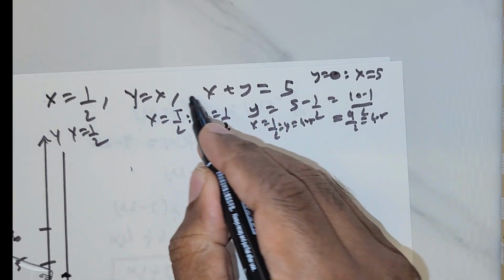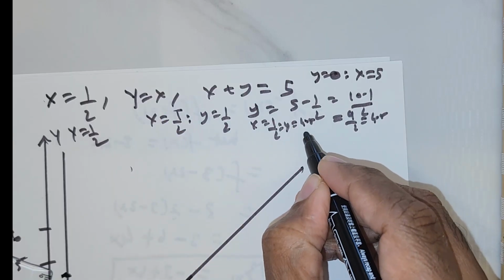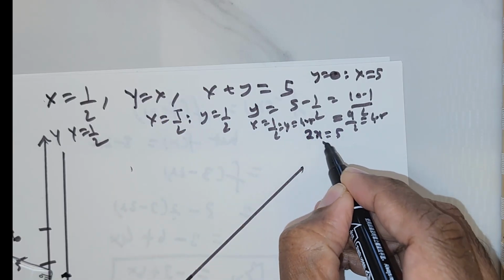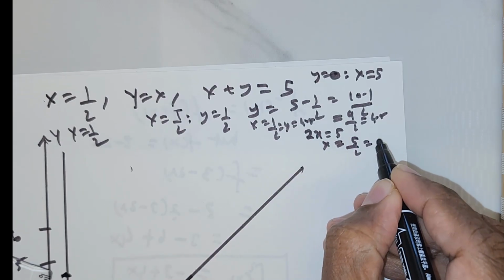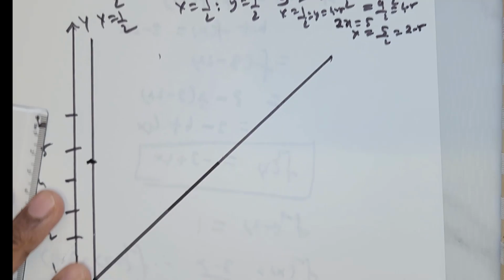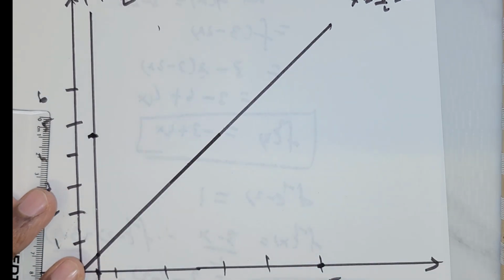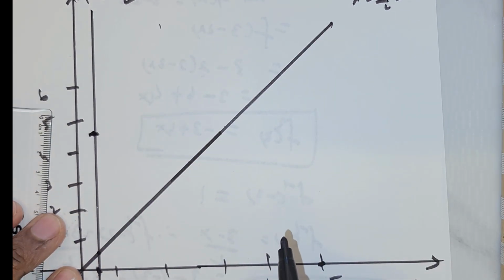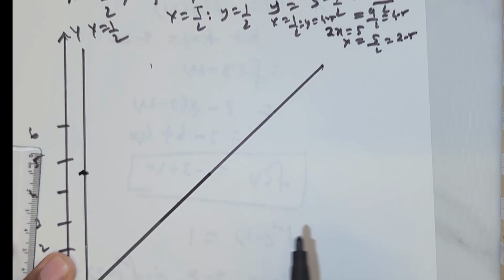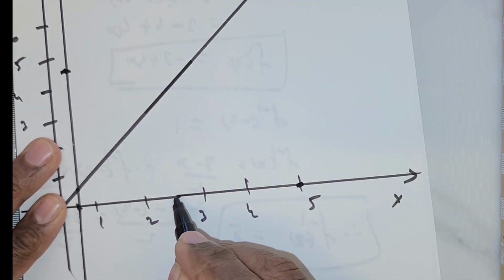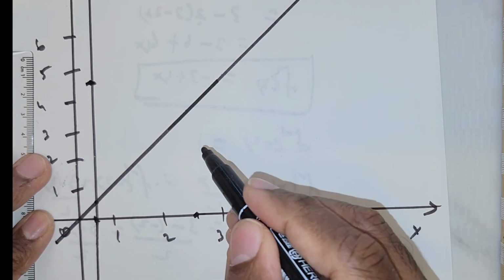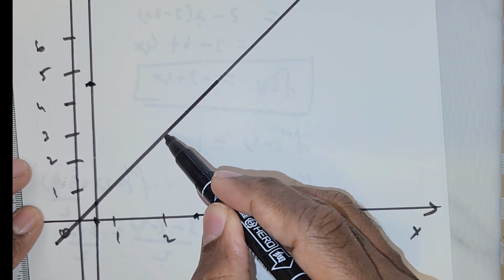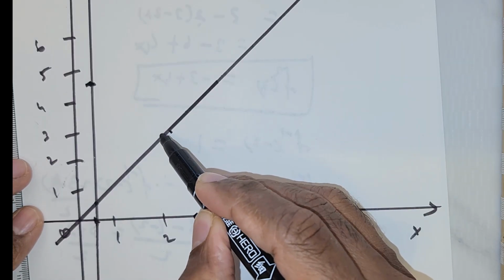When y is equal to x, you have 2x is equal to 5. So x is equal to 5 divided by 2, which is nothing but 2.5. So at 2.5 we have a hit. When x is 2.5, y will also be 2.5.